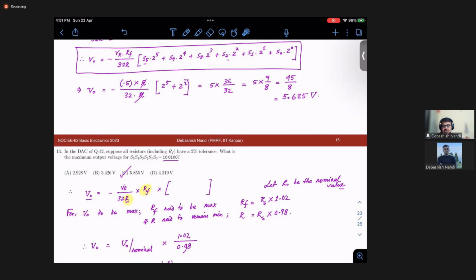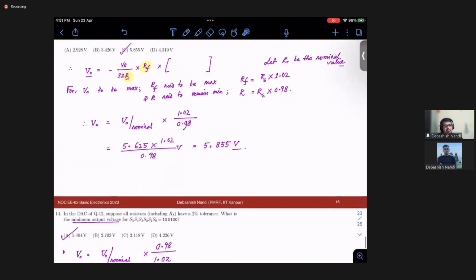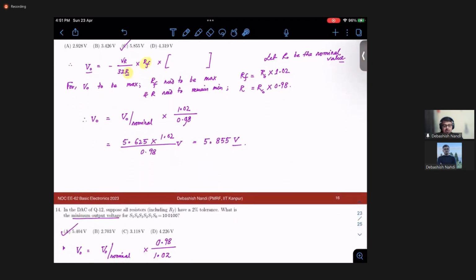Similarly we calculated this case: once the maximum output, and once the minimum output. So that's all from my side.